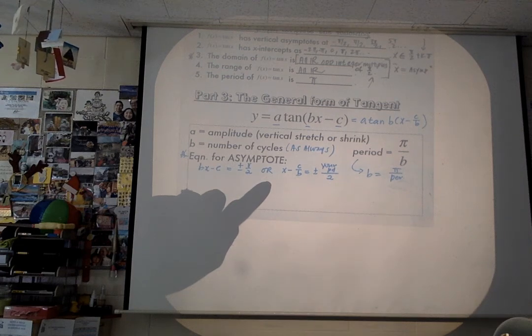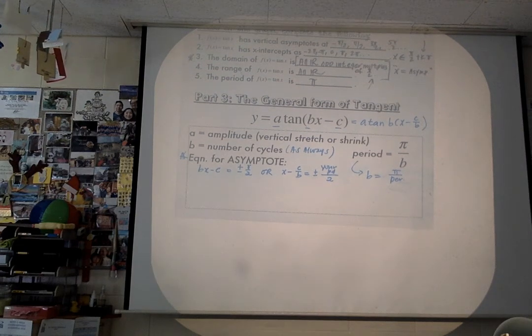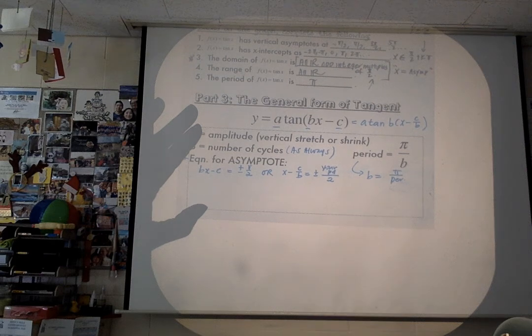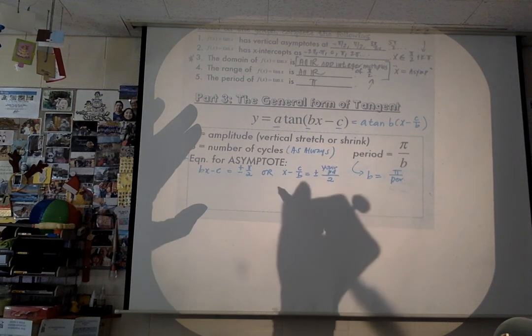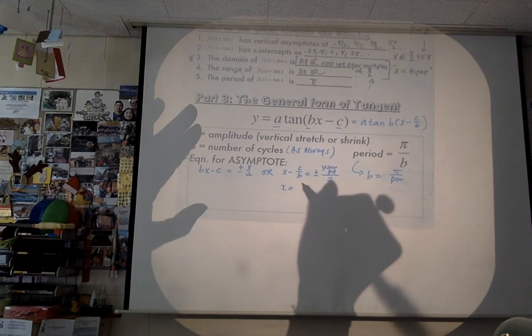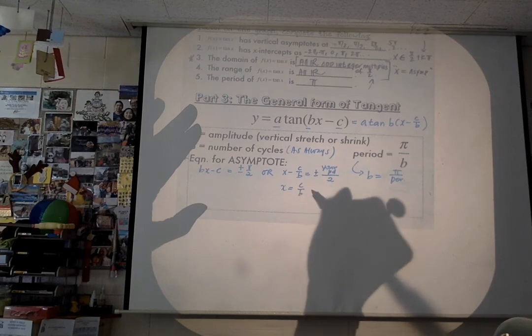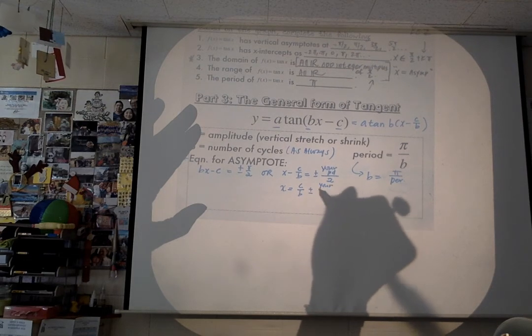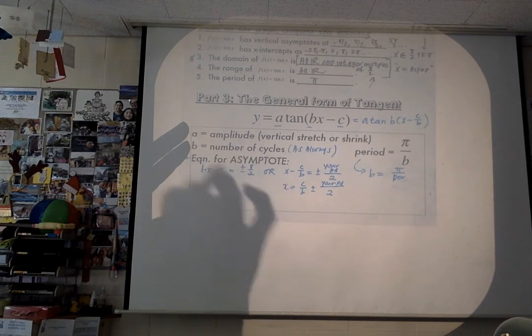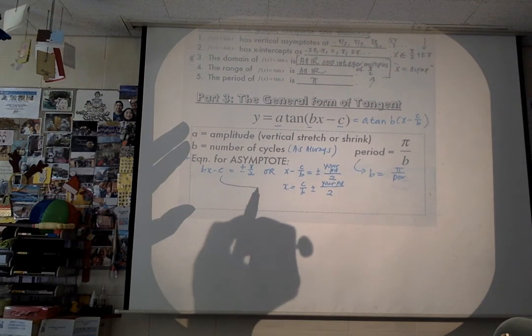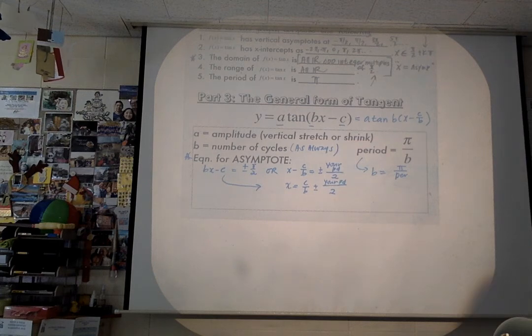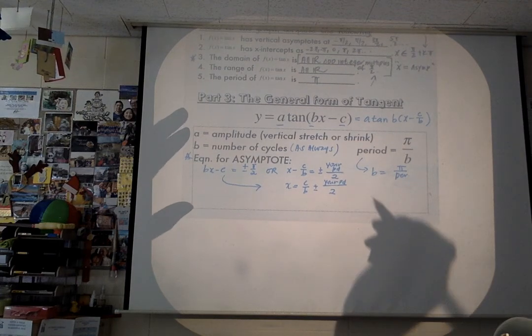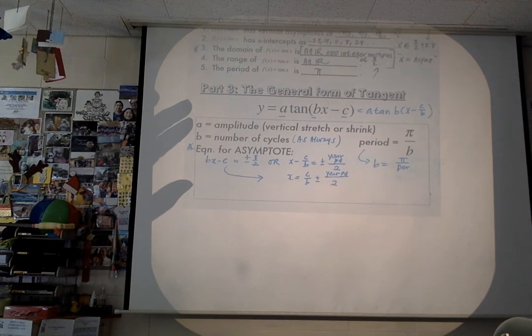The period of this particular tangent function, over 2. However you want. So that means x is going to equal C over B plus or negative your period over 2. But if you simplify this, you actually end up getting this. Let's just write that for now, and we'll graph some, okay?